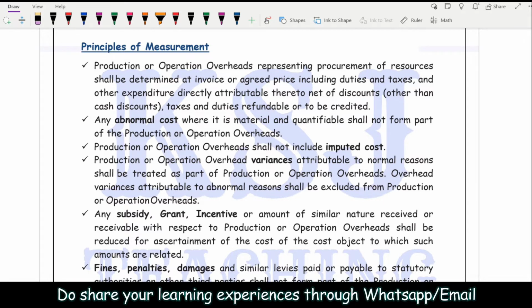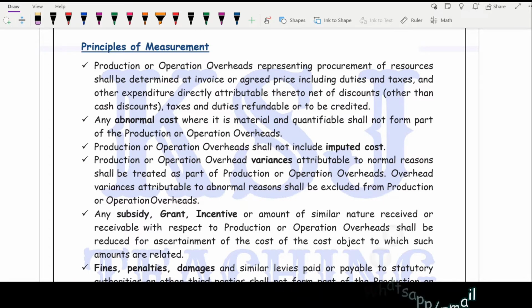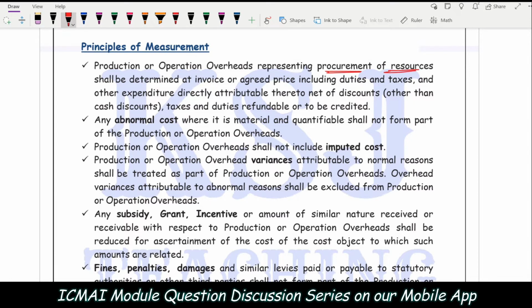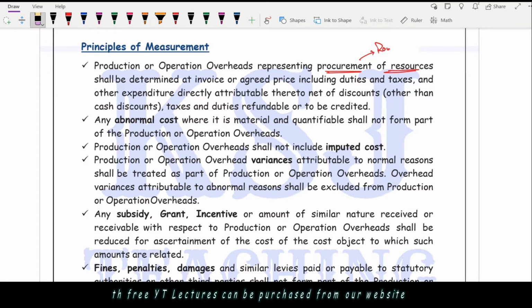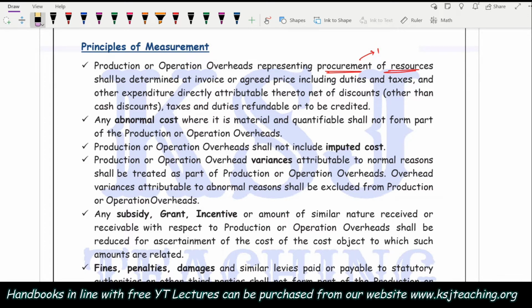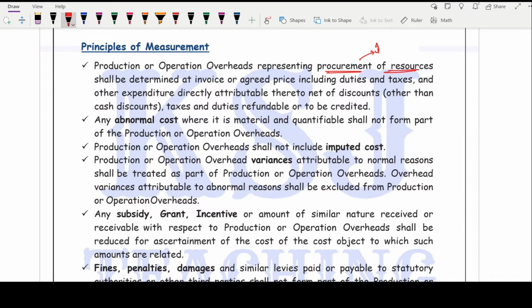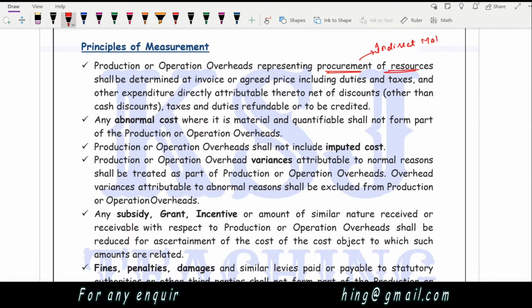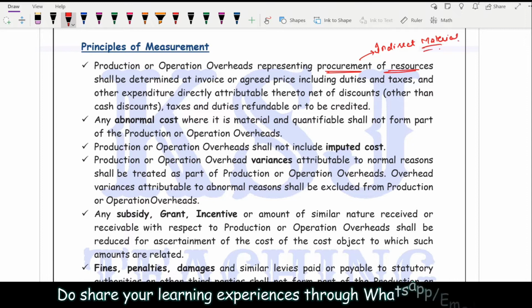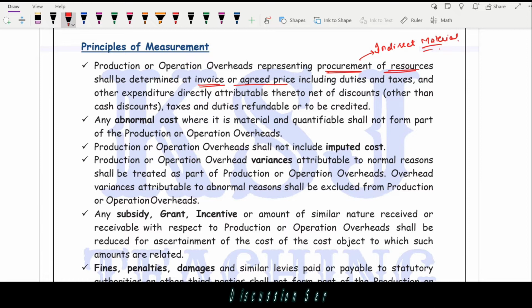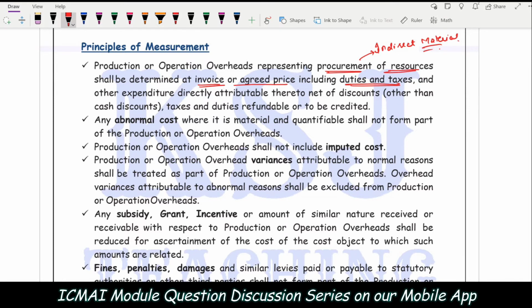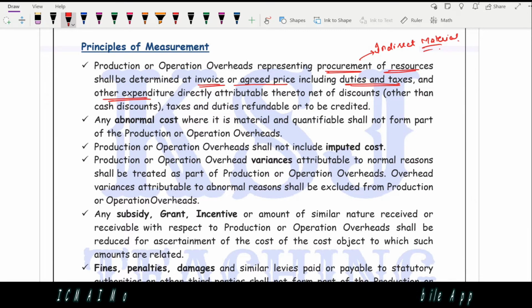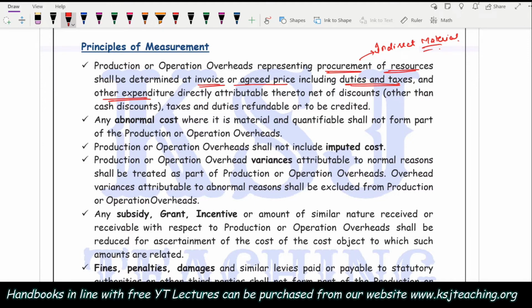So it says the production or operation overheads representing the procurement of resources. That means here we are mainly talking about the indirect material. I'll not say raw material, I'll say indirect material, right? Shall be determined at invoice or the agreed price, including the duties and taxes and other expenditure directly attributable thereto.